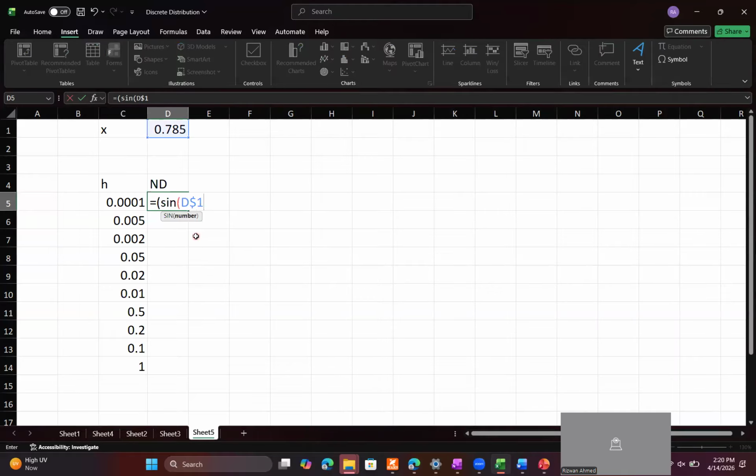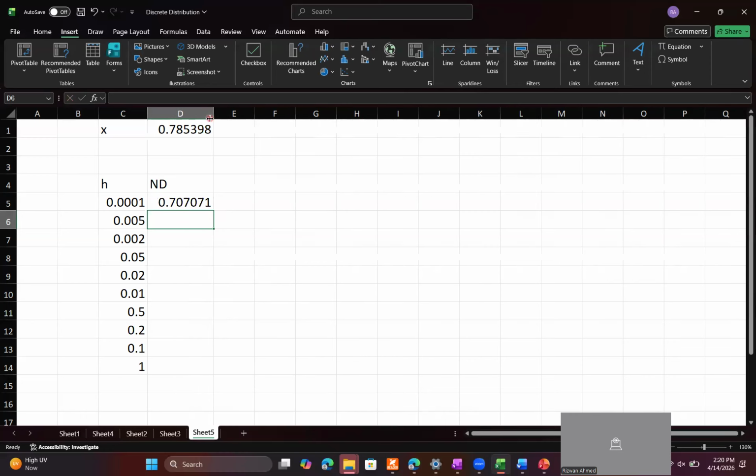So the value has been picked up, plus the step value, minus the sine value at the reference point d1, and then divided by the h step size. That's it, right? So it is 0.707 as shown up to 3 decimal places. So there can be more decimal places. So this is to be calculated.